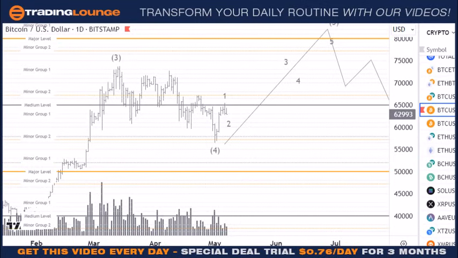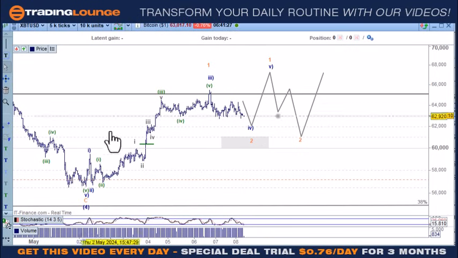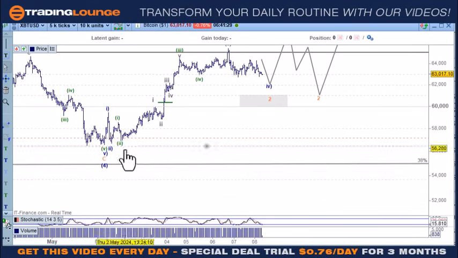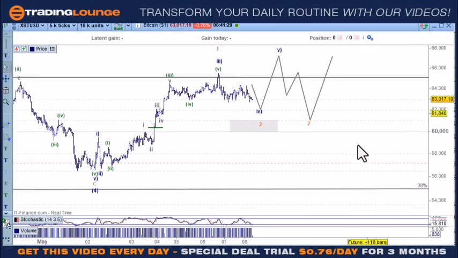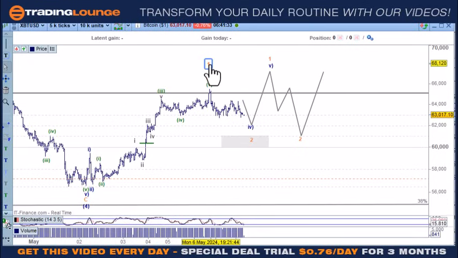If we have a look at this on my other charting program here, this is the Bitcoin, this is the low here, and we could look at wave 1 here and wave 2 here. That's possible, or we could look at wave 1 here and 2 here.